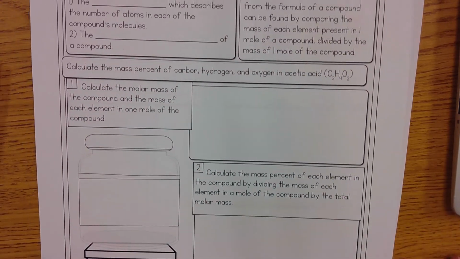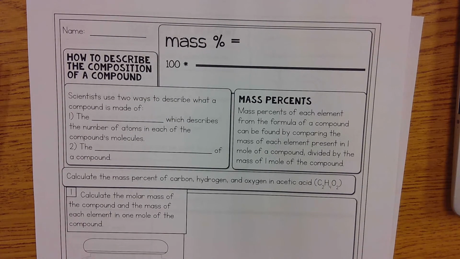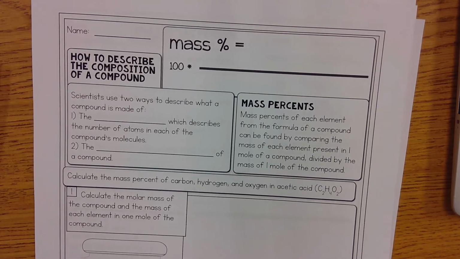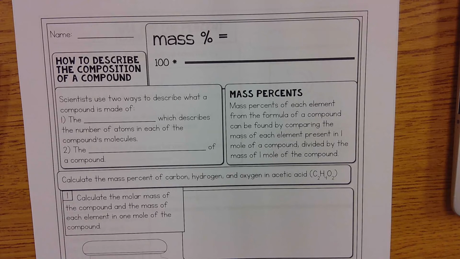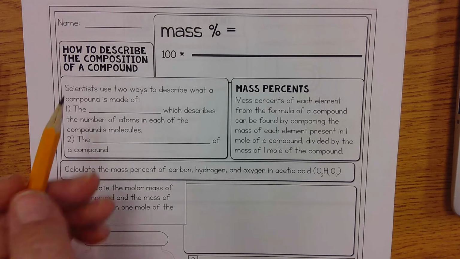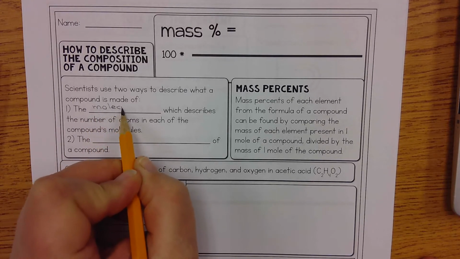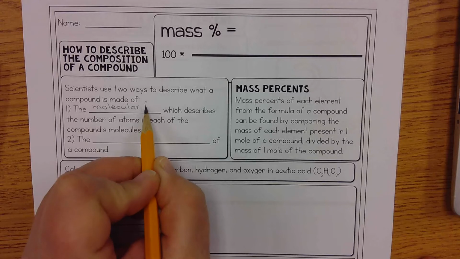So let's get on and talk about percent composition really quickly here. Okay. So the percent composition is a way to describe a compound and what it's made of, right? It's actually one of 2 ways that gets done. The first way we just talked about, that molecular formula, which writes them out.